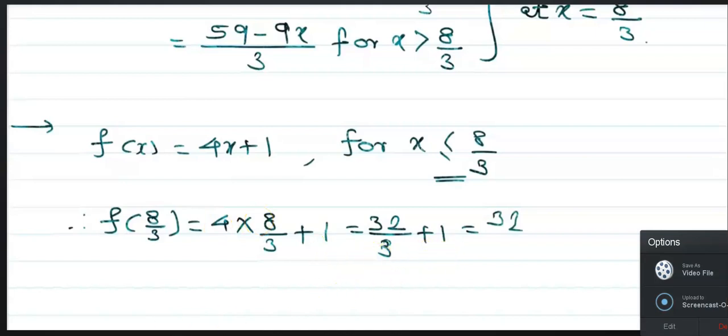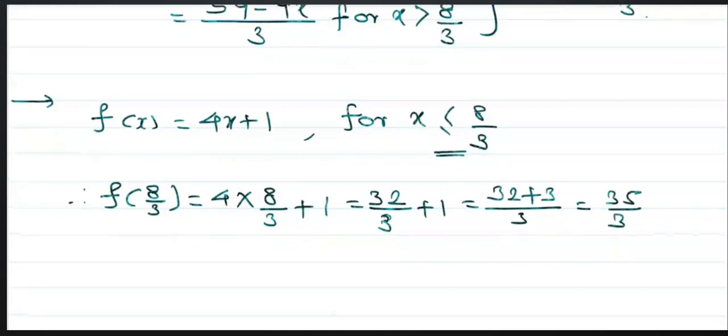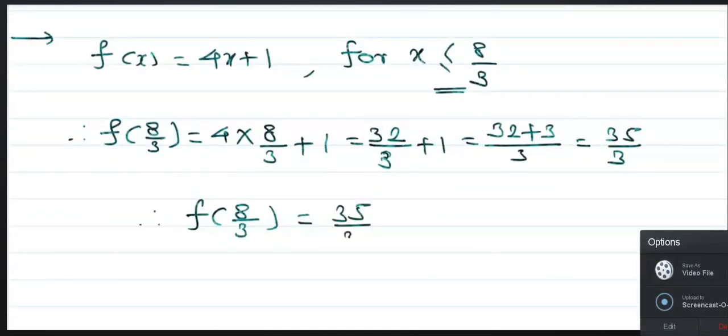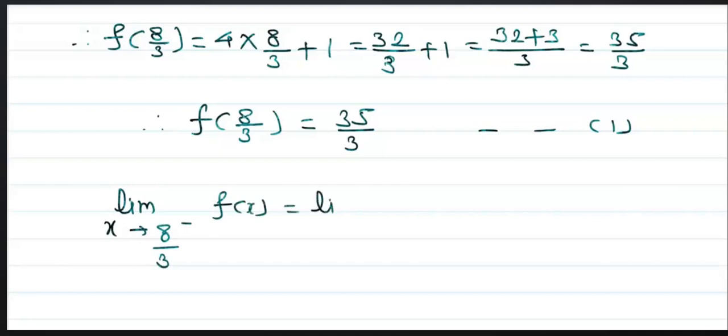If you simplify it, you will get 35 upon 3. Therefore, f of 8 upon 3 is equal to 35 upon 3. This is the value of the function at x equal to 8 upon 3.